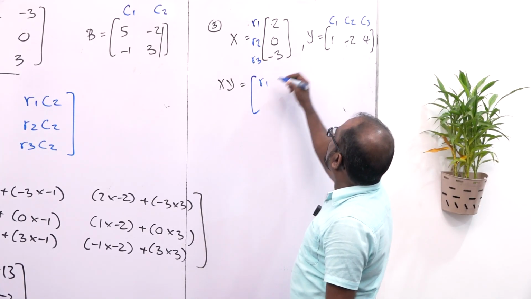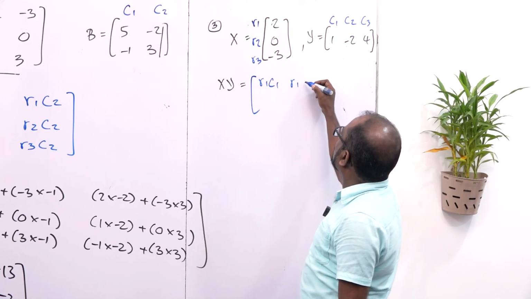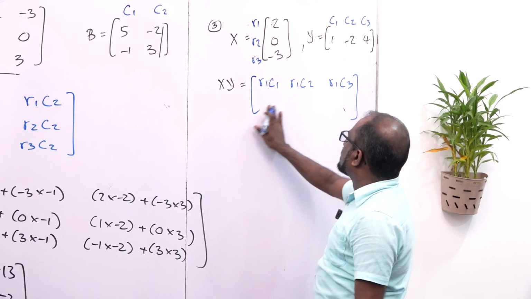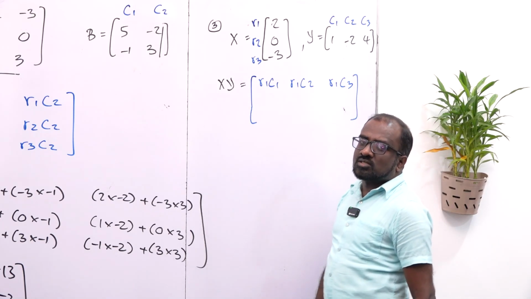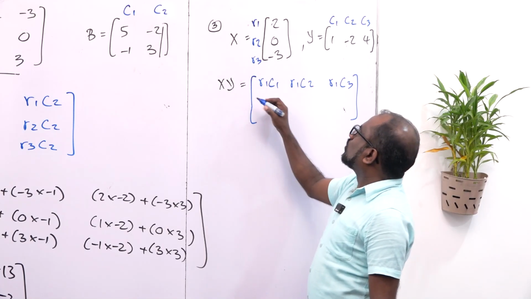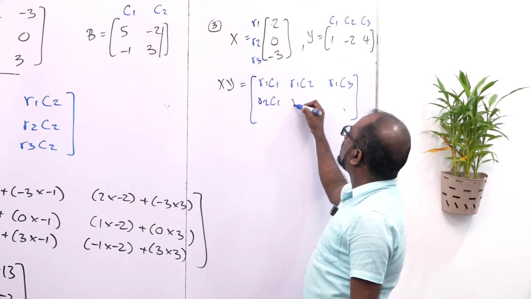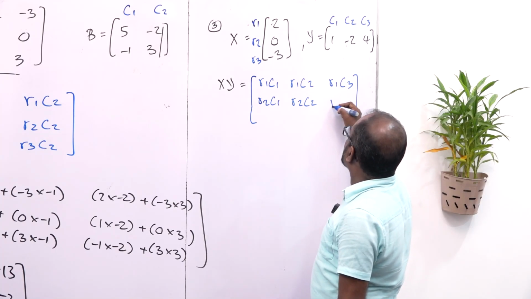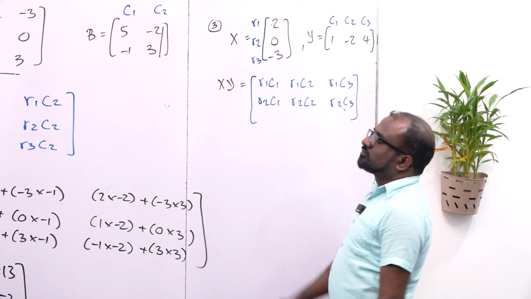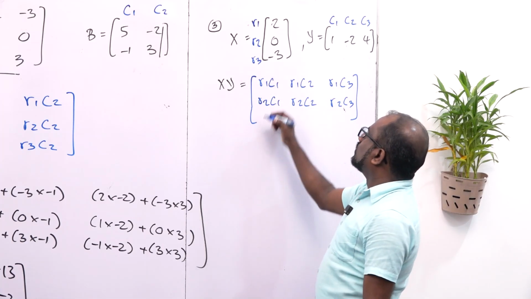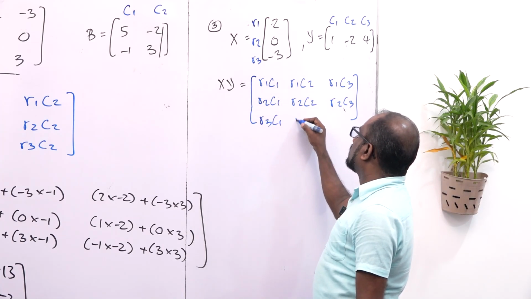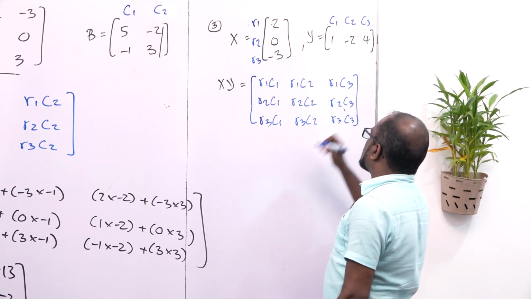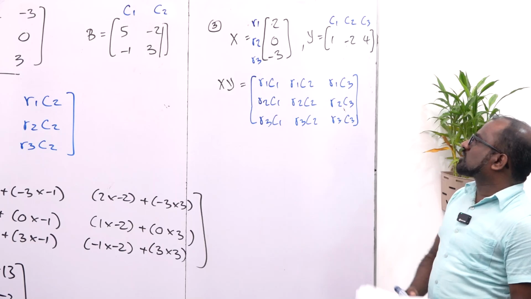Row 1 column 1, row 1 column 2, row 1 column 3. Row number does not change, only the column number changes. Then second row: row 2 column 1, row 2 column 2, row 2 column 3. Third row: row 3 column 1, row 3 column 2, row 3 column 3. That's it.